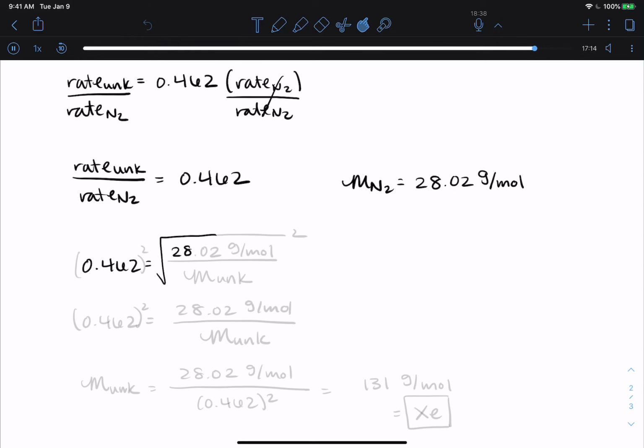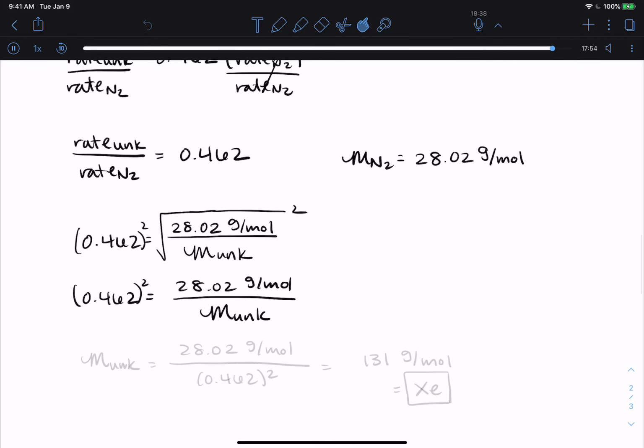Since N2 was in the denominator on the left-hand side, its molar mass goes in the top, divided by the molar mass of the unknown. So now I've just got a little bit of algebra, right? I can square both sides, and that gets me to 0.462 squared equals 28.02 grams per mole, divided by the molar mass of the unknown. Can't forget that part.